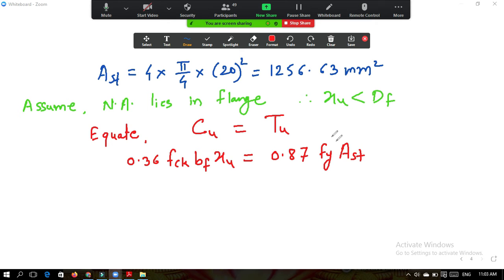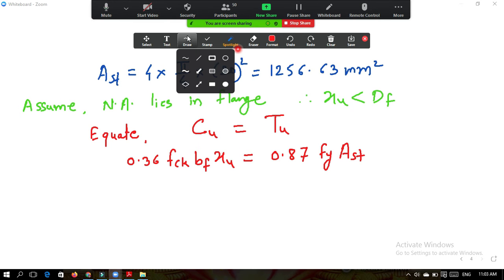Now if you look at this formula, 0.36 is constant, fck value is known to you, bf value is not given to us in the problem. So we need to find out the value of bf first. Xu we are going to find out from this equation only. 0.87 is constant, fy value is known to us and Ast is also known to us. So our first job is to find out this bf value.